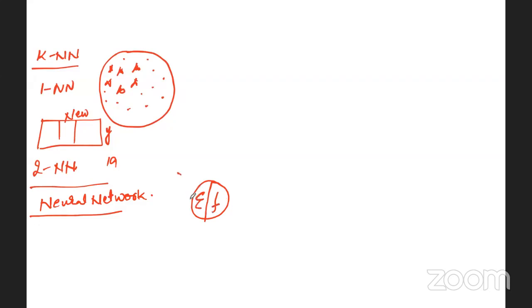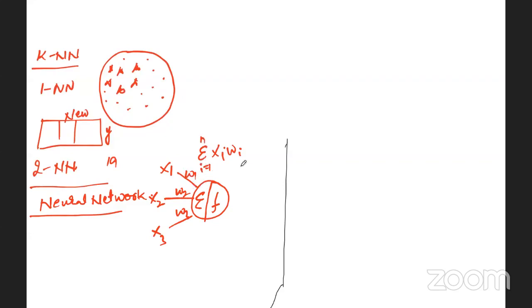The input values come in, associated with the weights W1, W2, W3. Whatever the summation function gets, the sum of xi wi from 1 to n, the summation and multiplication with the corresponding weights, is sent to the activation function.